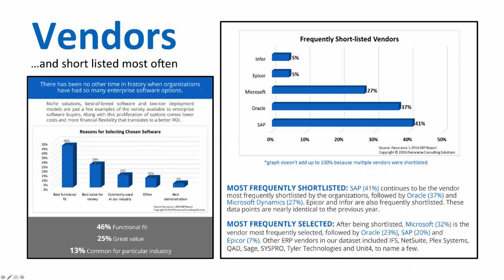Being most frequently shortlisted is one thing, having a good result from that software is another, of course. So we need to be aware that there are other softwares available, such as NetSuite, which is now part of Oracle, Plex Systems, Sage do a lot of accounting and ERP packages, Syspro, etc.